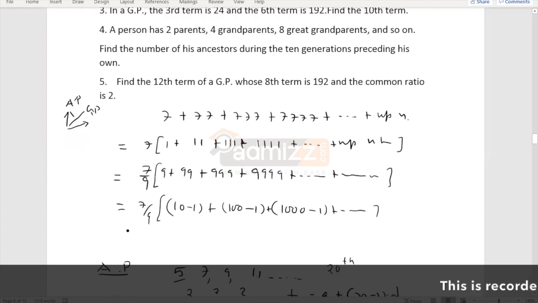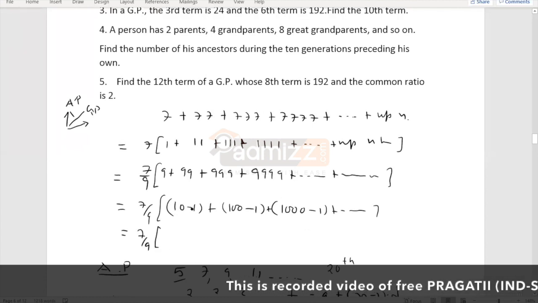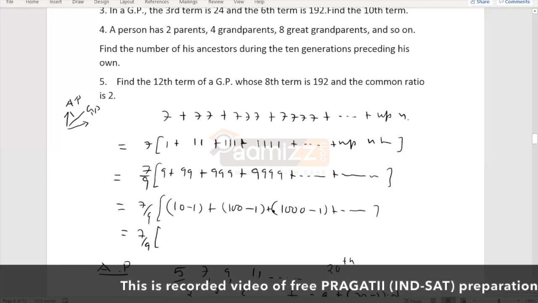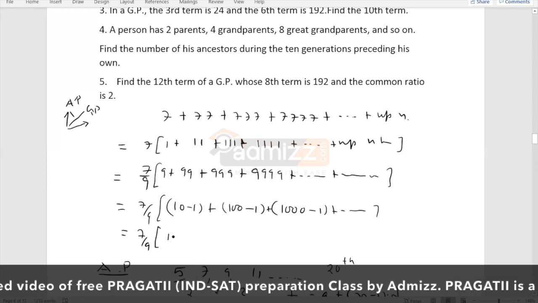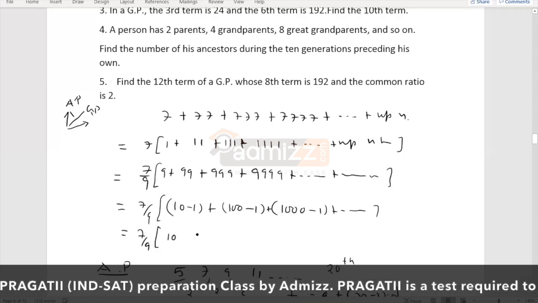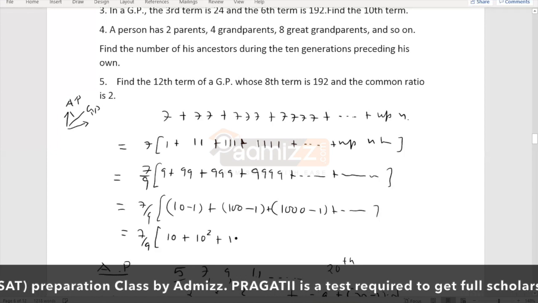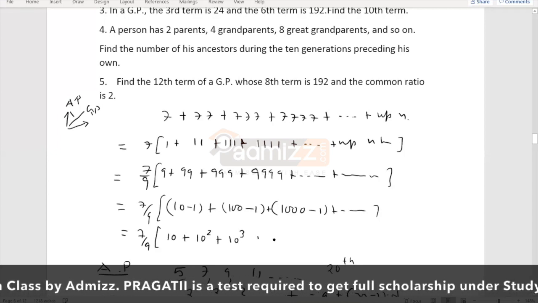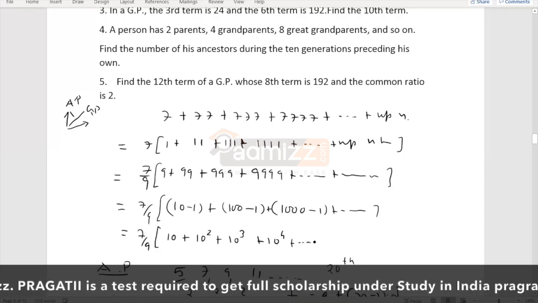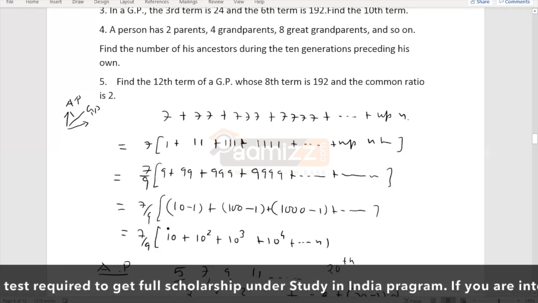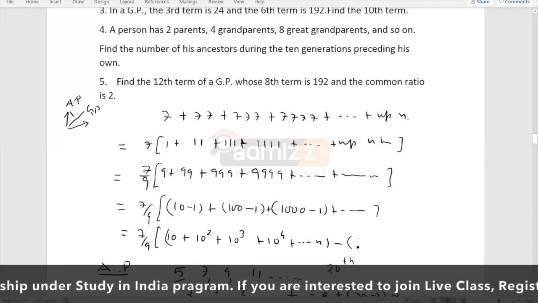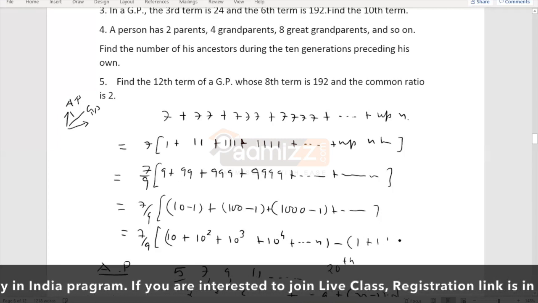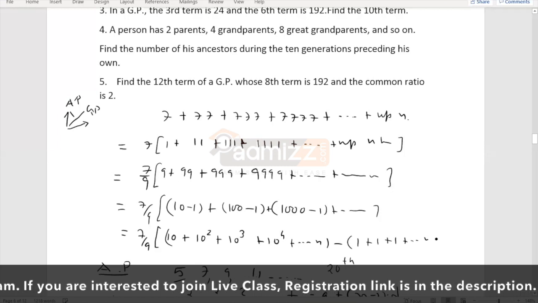Now after writing this 7 by 9, now 10 minus 1, 100, 1000. I will take the positive terms first of all: 10 plus 10 square plus 10 cube plus 10 raised to 4 plus up to n terms, minus the rest of 1 plus 1 plus 1 plus 1, n times.